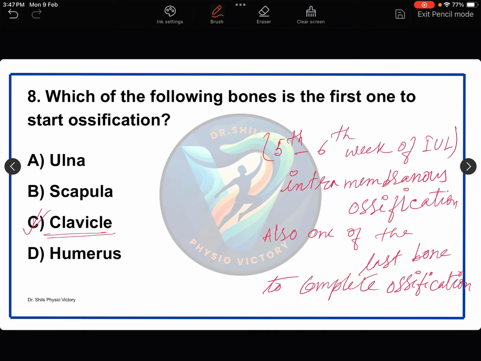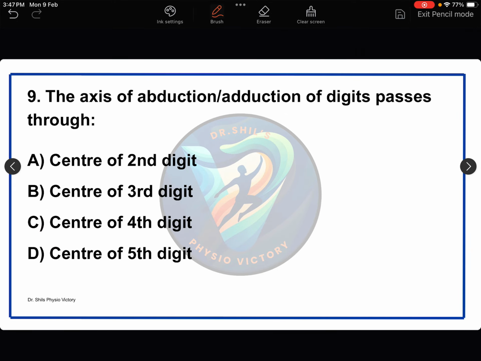Next, come to question number 9. The axis of abduction adduction of finger of digits passes through option A center of second digit, option B center of third digit, option C center of fourth digit, and option D center of fifth digit.